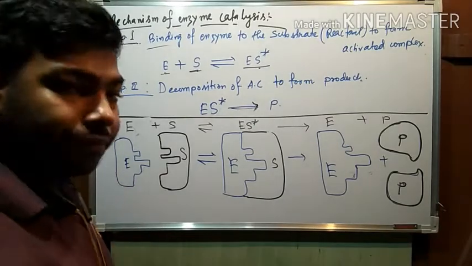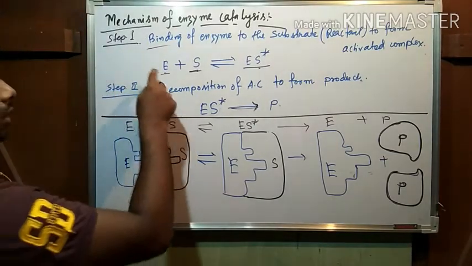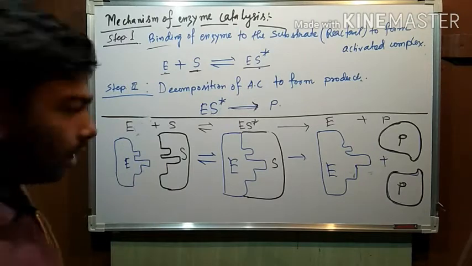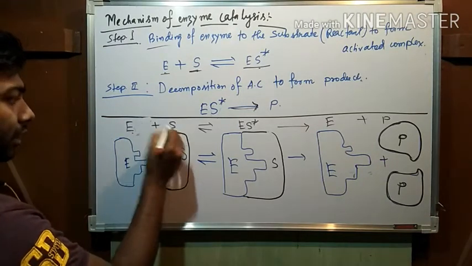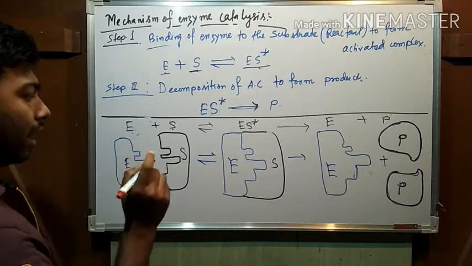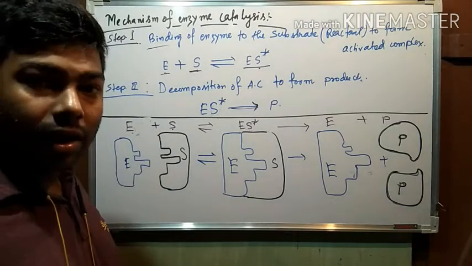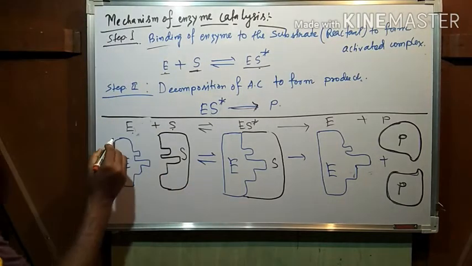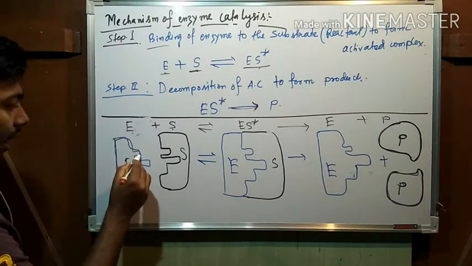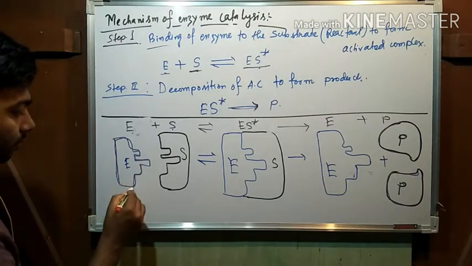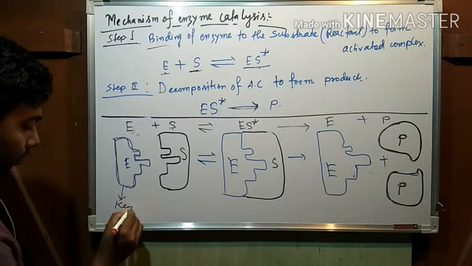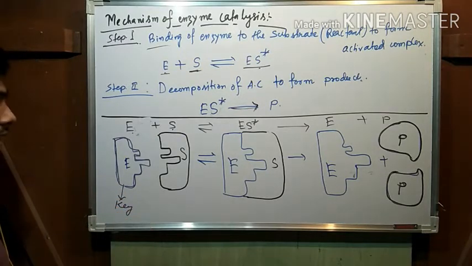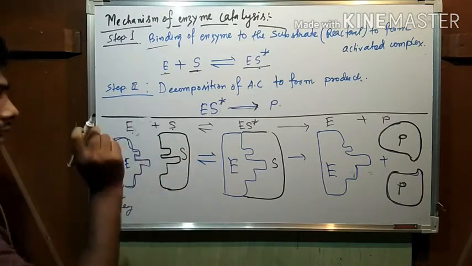Let us see how. Now, if you write these two steps in a single step, okay. Now see, when the enzyme binds with substrates having some active sites, suppose let us take this one is an enzyme and acts as a key, and this is the substrate.